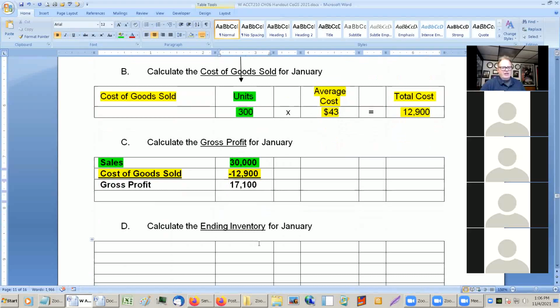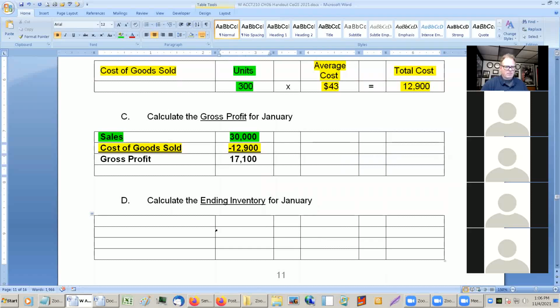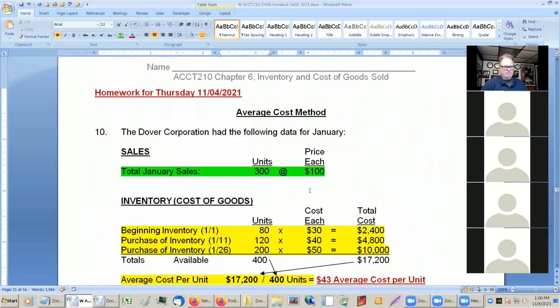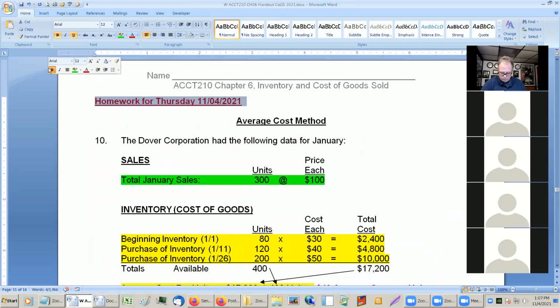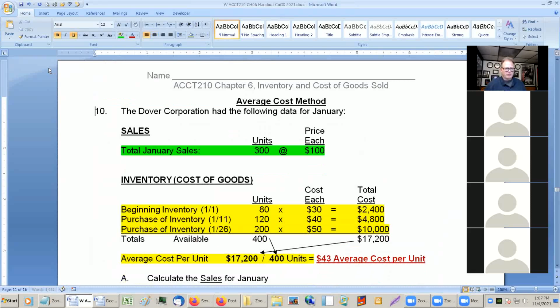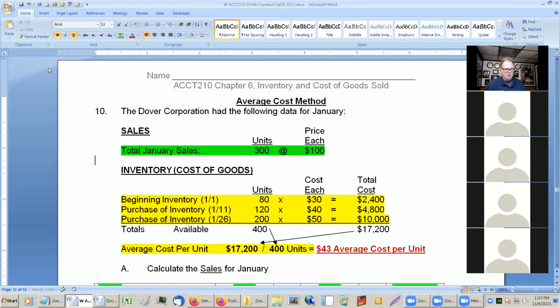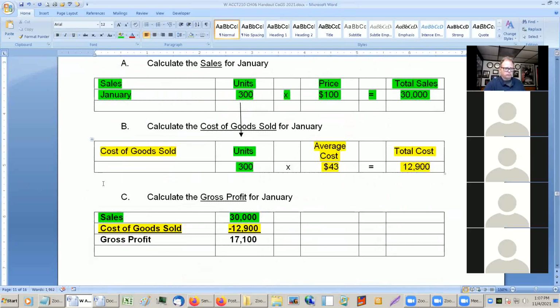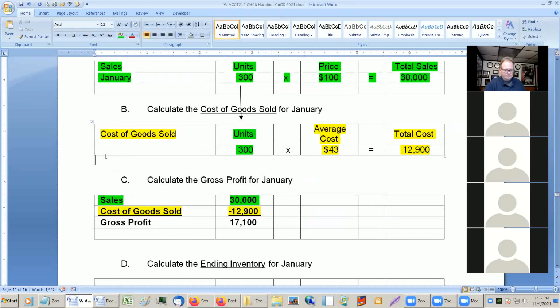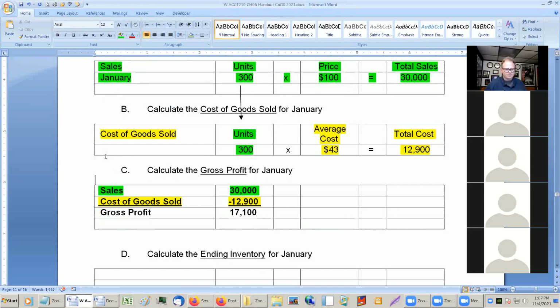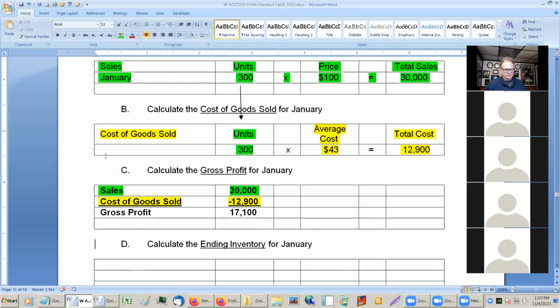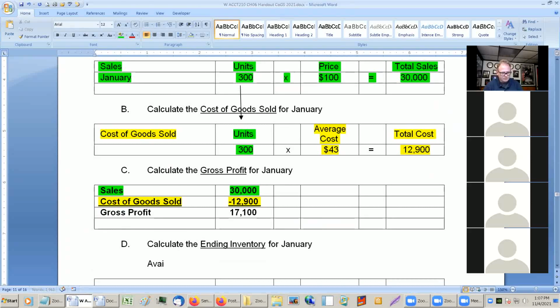So coming down here to calculate ending inventory. The available units was 400.